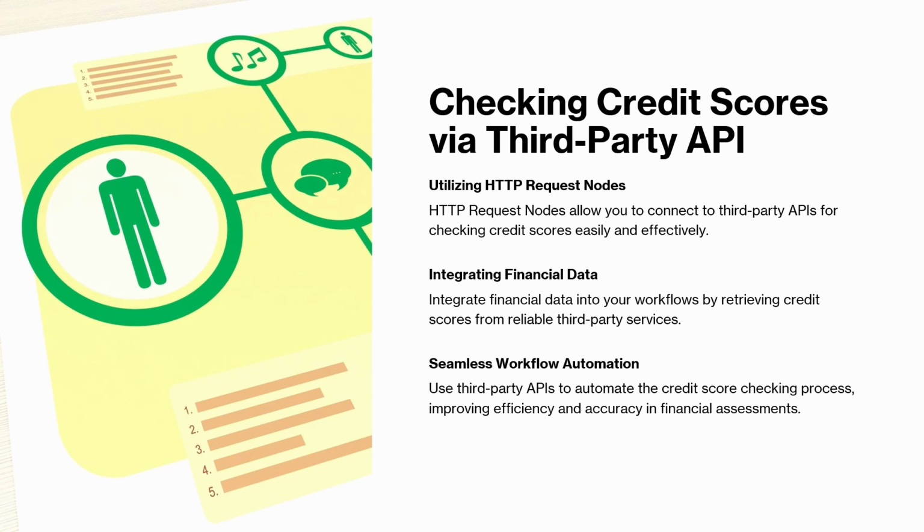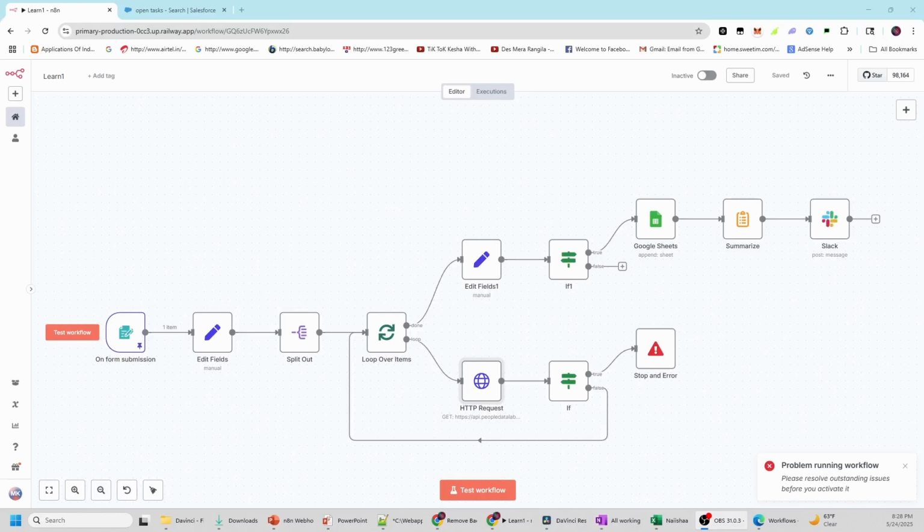Okay, so let's take an n8n automation workflow example to illustrate what we're talking about with the HTTP request. This n8n workflow automates the process of enriching company data using URLs submitted via a form and filters the results to append only North American companies to a Google Sheet.